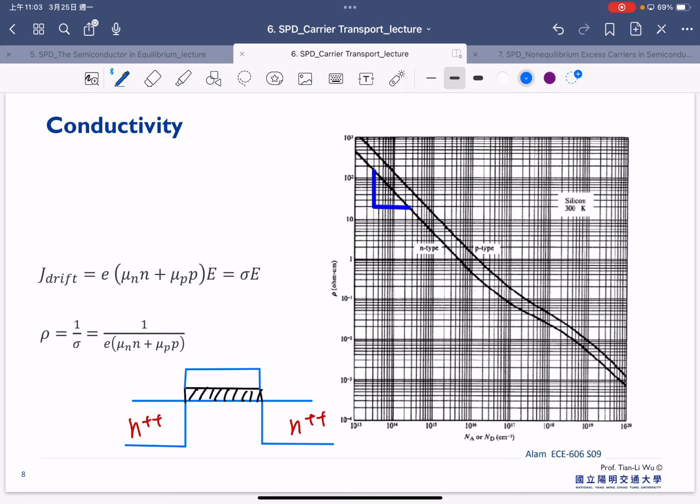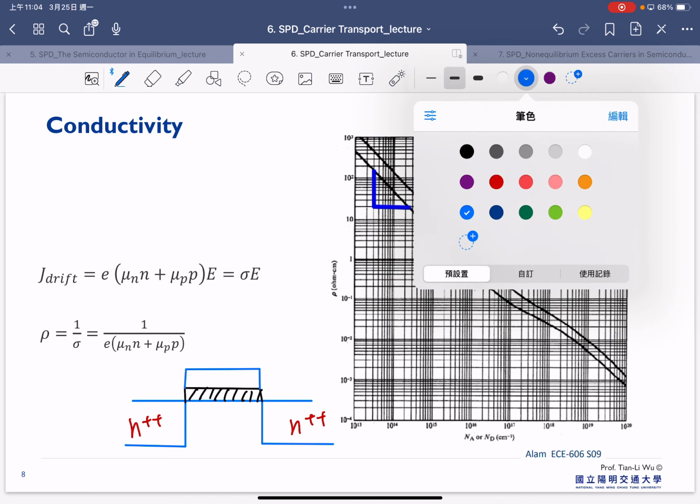Once we consider a carrier, for example an electron, transporting from here to here, moving to the right and then out, this is the electron current, and each region has a different resistance.